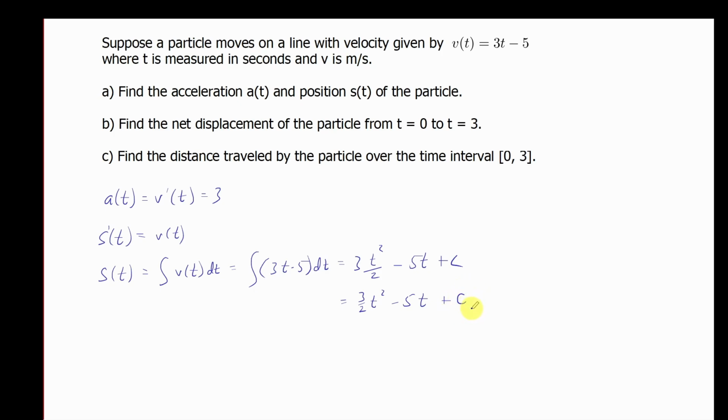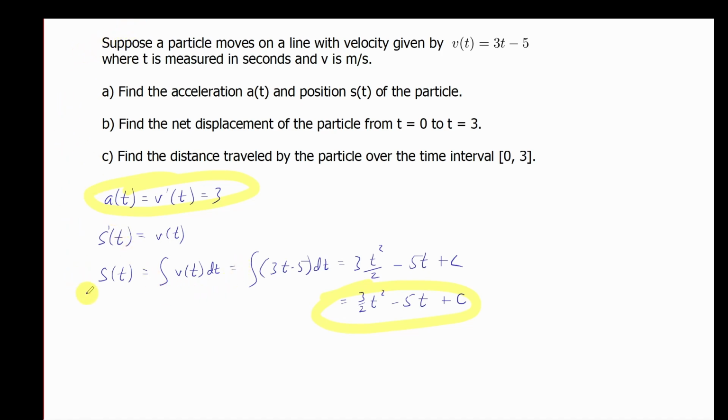We're not told where the position starts. So this is as much information as we can give about the position of the particle. But if we were given that position at time 0 was some value, then we could use that information to solve for c, like we did in section 5.3. So here's our acceleration and position functions.